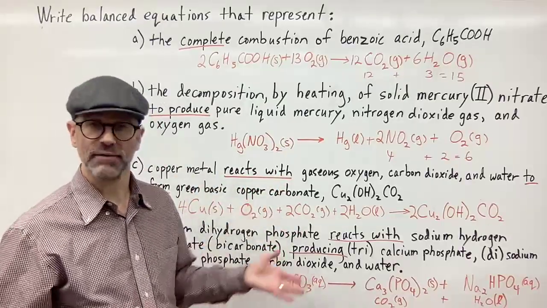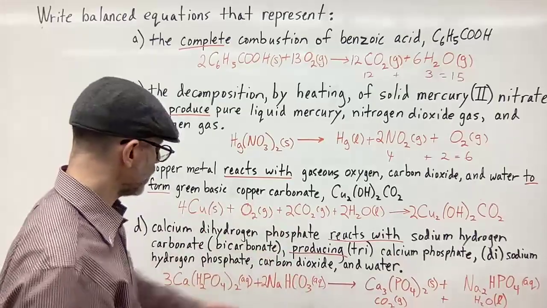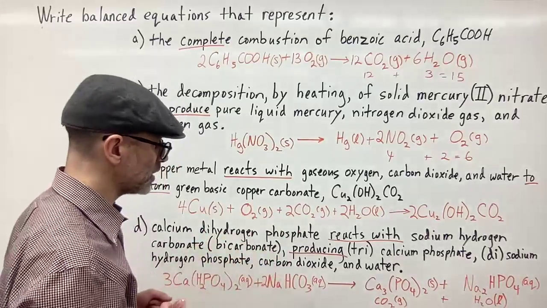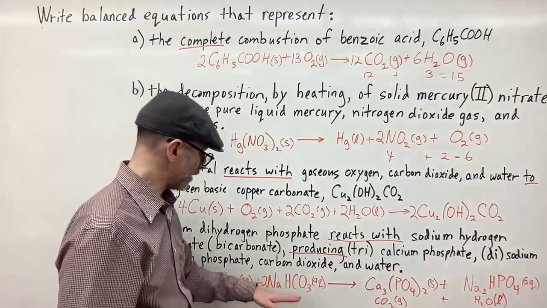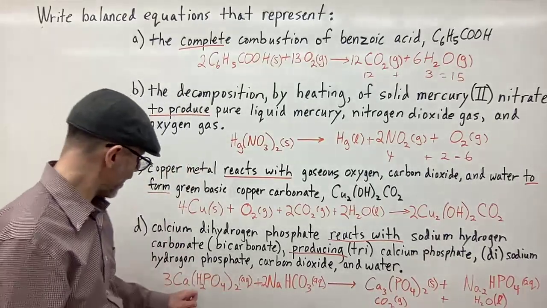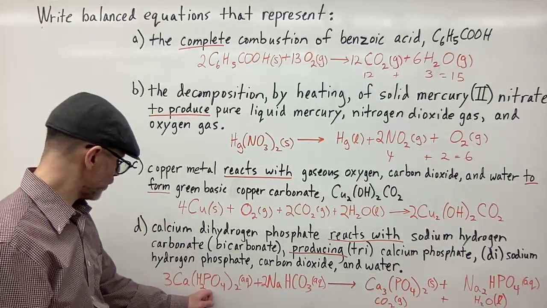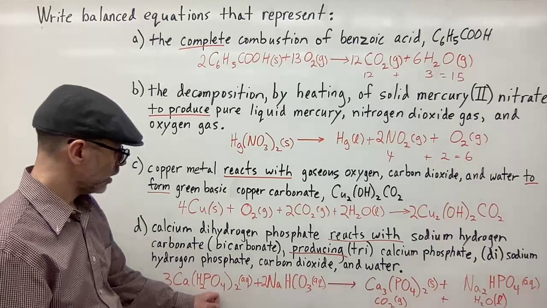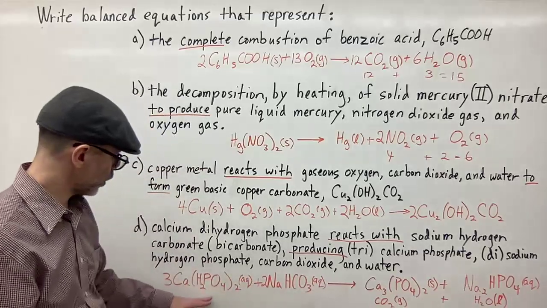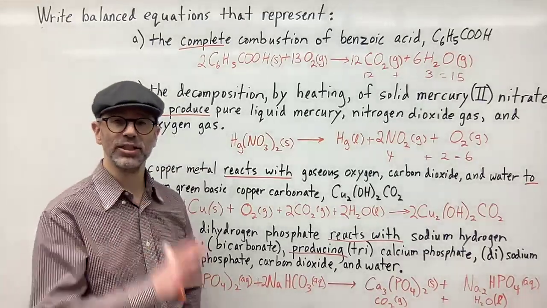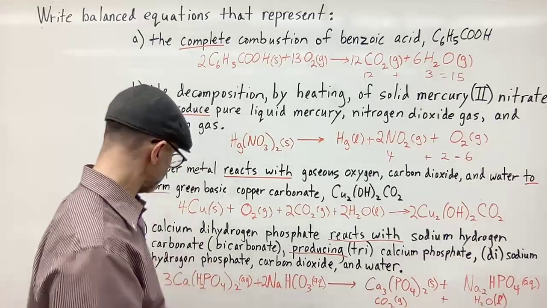Then you would save that for last. But here I don't have any elements that are by themselves, so oxygen is going to be the default last element. So I have hydrogen here, phosphorus, oxygen, carbon. So I'm going to balance carbon and phosphorus first, and then I'll balance hydrogen and then oxygen last.